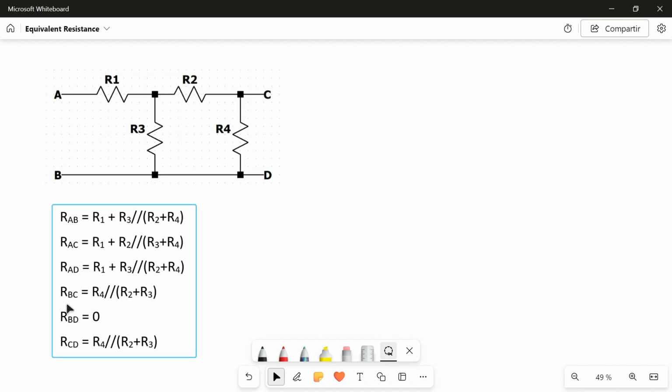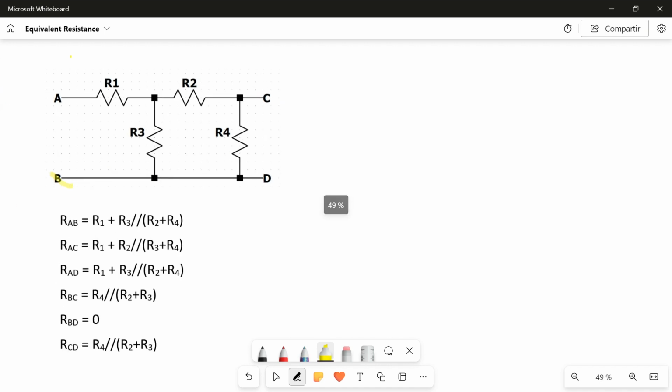Let's see what the expression is for RBC. From B to C, we have this current flow. We have the terminal B, with the cable, which is also the terminal D, but I don't care about this.